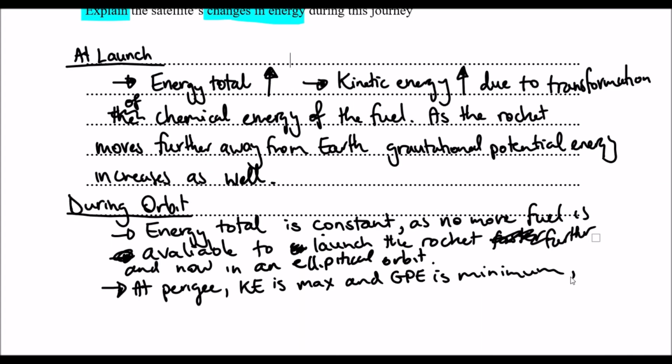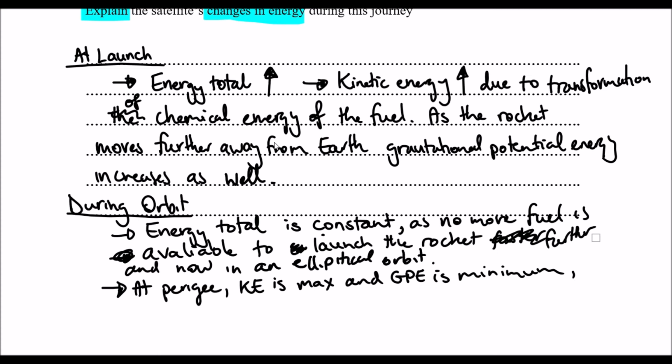Okay, what we could say is as the satellite is moving away from the planet, we'll see an inverse change between the two, or the two will swap over with each other.